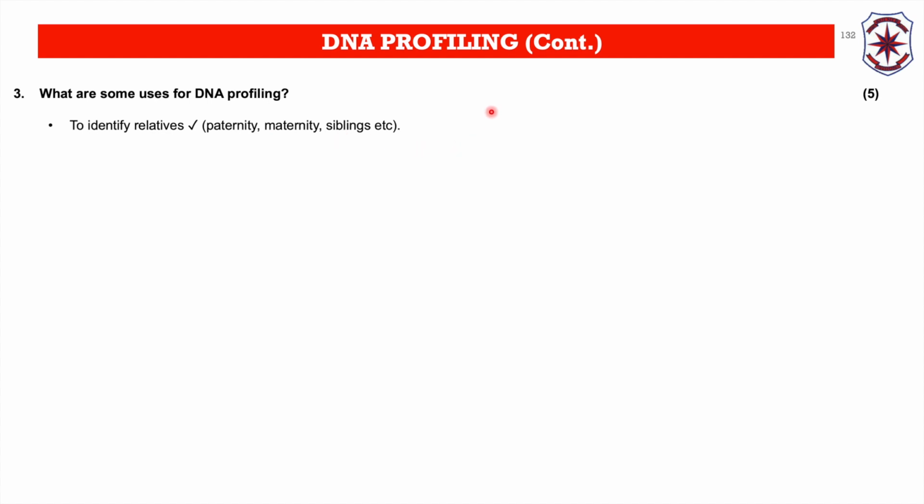Another use is to identify dead bodies. Usually, to identify a dead body, if you have received news that somebody has died, the family members go to the mortuary, where they identify the person by looking at their physical features. They will look at their face to identify if this is a deceased person that they know. However, there are some instances where people die in a way that they become unidentifiable by looking at their bodies.